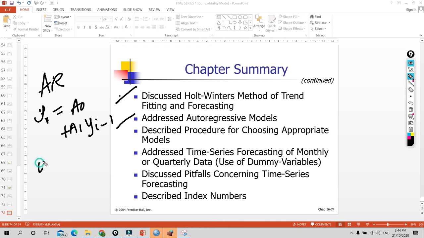Second order is yi equal to a naught plus a1 yi minus 1 plus a2 yi minus 2.